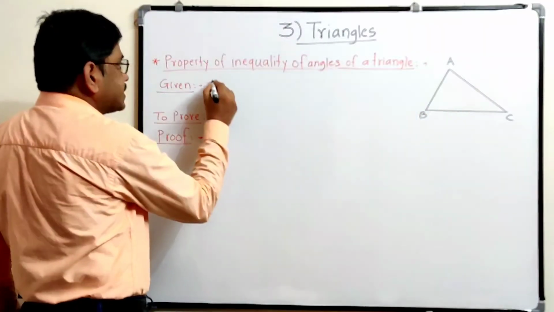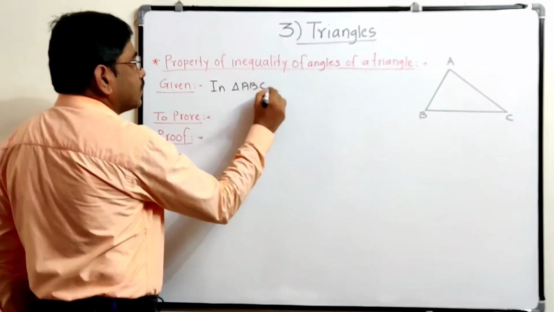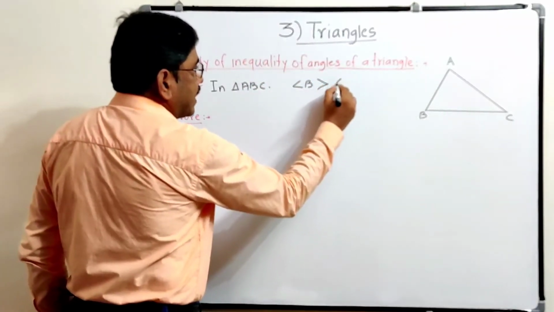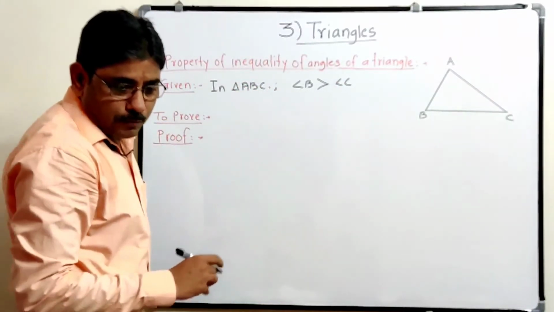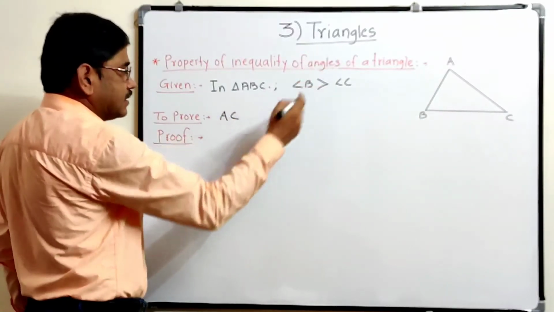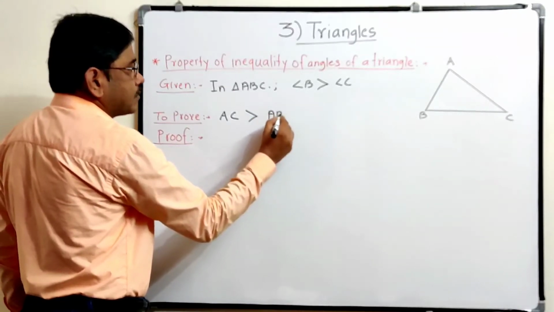This is the triangle ABC. In triangle ABC, angle B is greater than angle C. This is given. Now what we have to prove? Side AC, opposite to the greater angle, is greater than side AB.